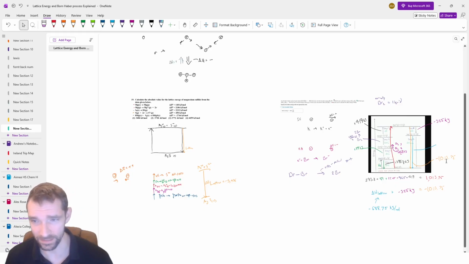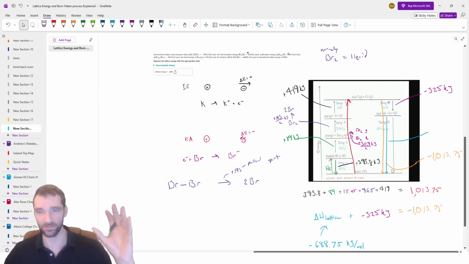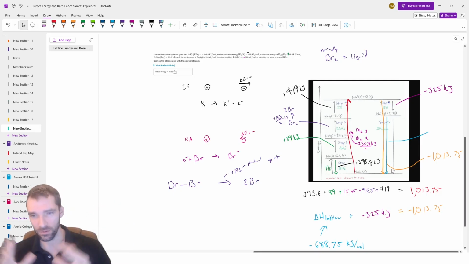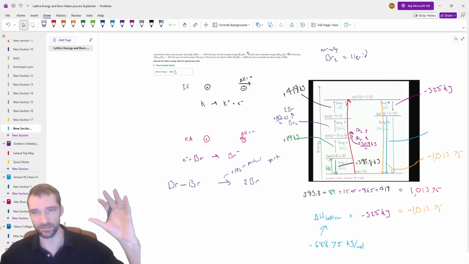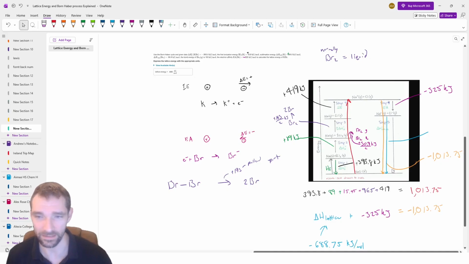And generally speaking, I think of the lattice energy as a negative change because it's the amount of energy released when we form this lattice, like these gases falling towards each other. So you can think of that as a negative number, but in doing so, usually you're given a change in H value. Like in this problem, they talked about the H of formation of KBr.